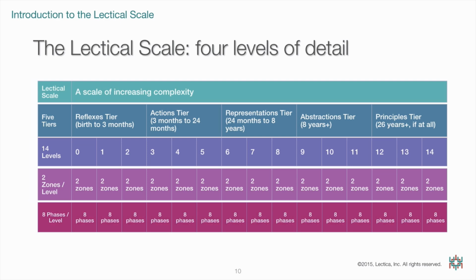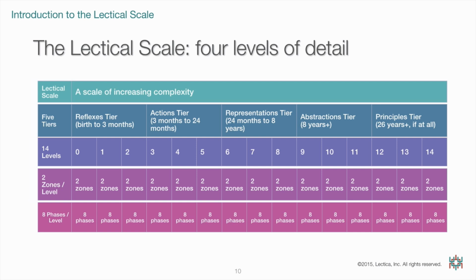So let's just pause for a moment to catch our breath. If you're anything like me, just looking at this diagram can make you feel like you're in over your head. But don't worry, you don't need to know all of this detail. I simply wanted to show you the entire lectical scale end to end so you can better understand how adult development fits in.